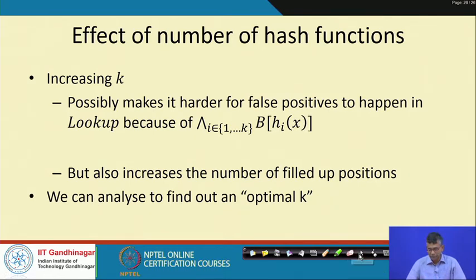Is there a sweet spot such that if I choose k according to this particular value, it balances out these two effects, giving me some decrease in the false positives in the lookup, while it does not fill up all the entries so fast? So, is there a way to choose k in a smart way, right?